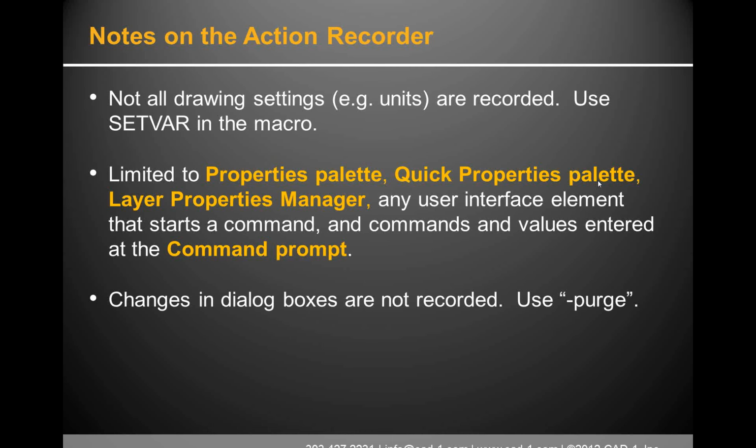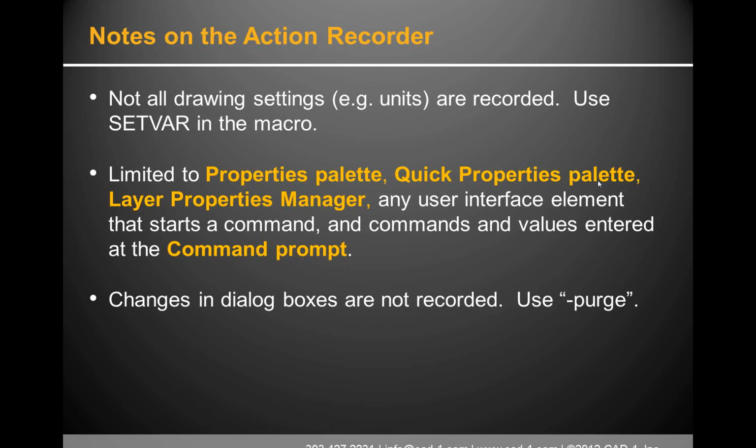A common use of the action macro, or action recorder, is to create a super purge. I've seen it referred to quite a bit in various places: a series of steps that open a drawing and, after it's opened, go through and purge and audit and do a bunch of stuff with one click. In order for that to work seamlessly, you have to use the -purge.